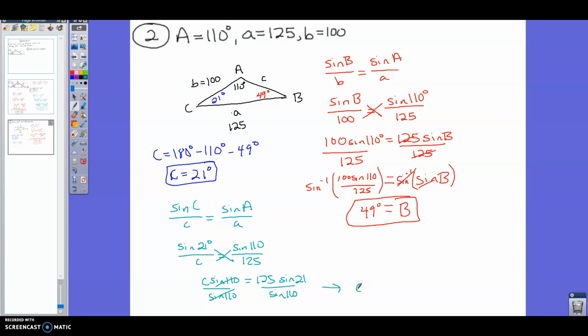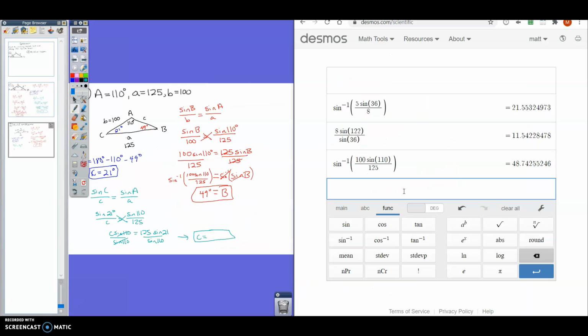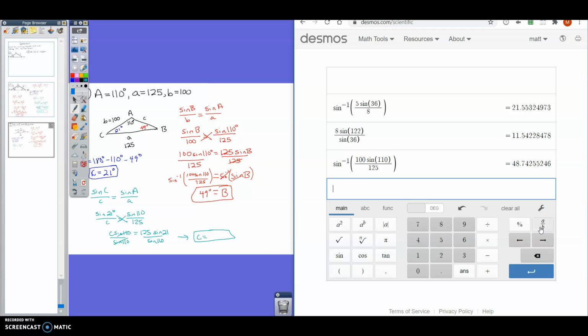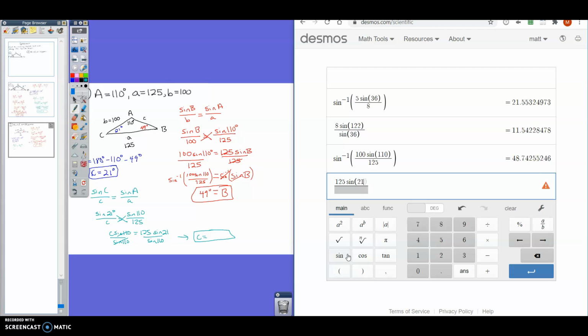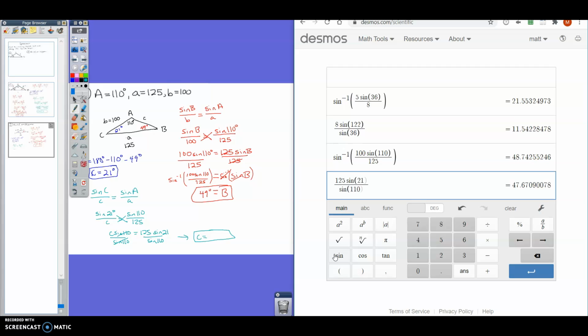Those cancel. And this we're going to type in the calculator. So we type it in. And we get 47.67. So since it's a side, we'll round it to the nearest tenth. So we'll say 47.7.